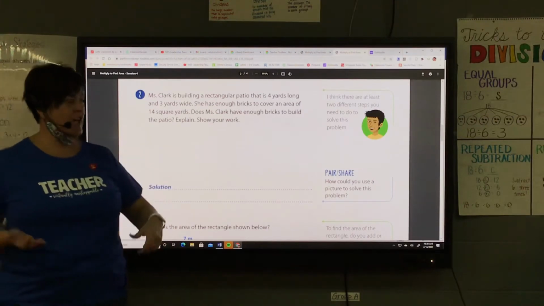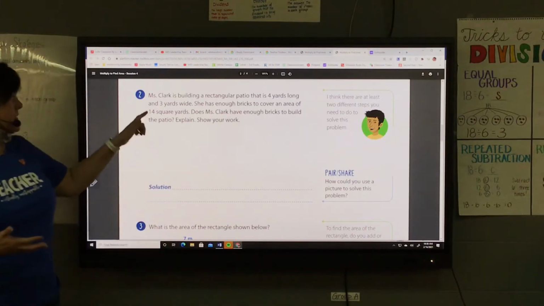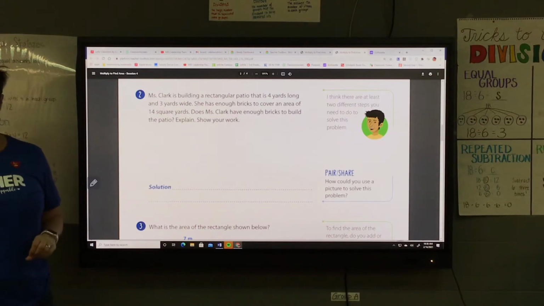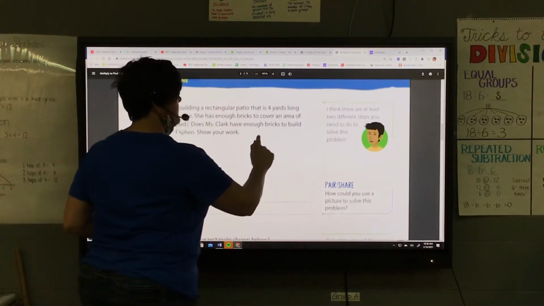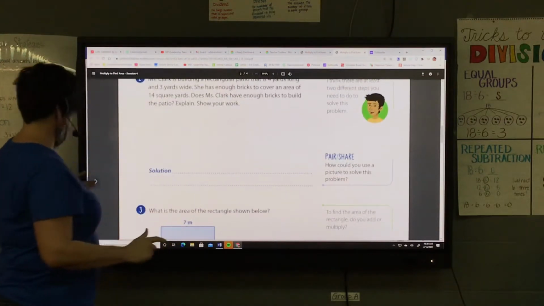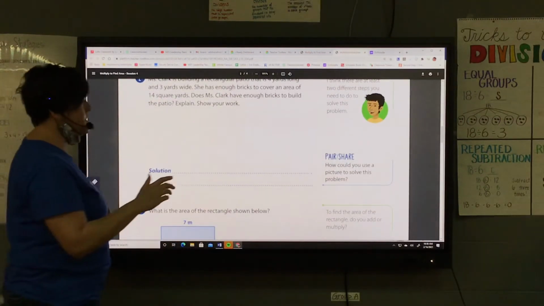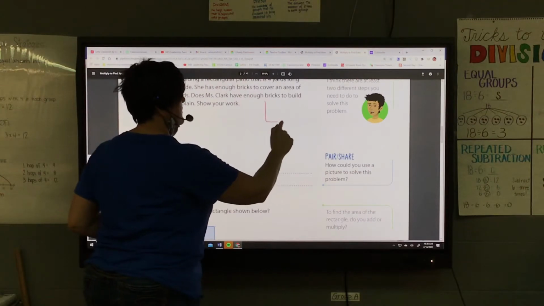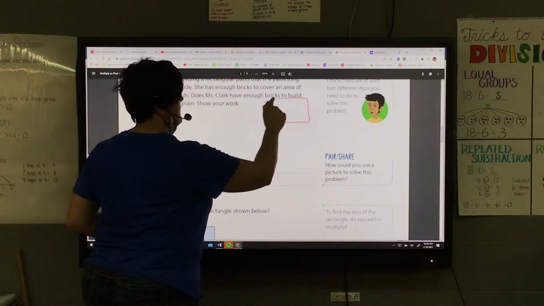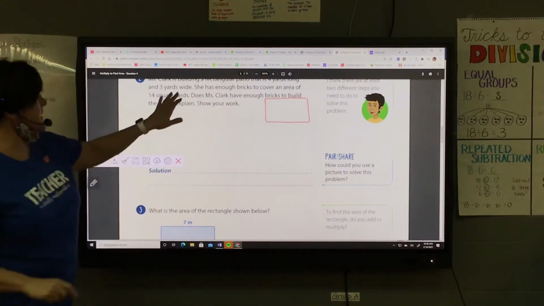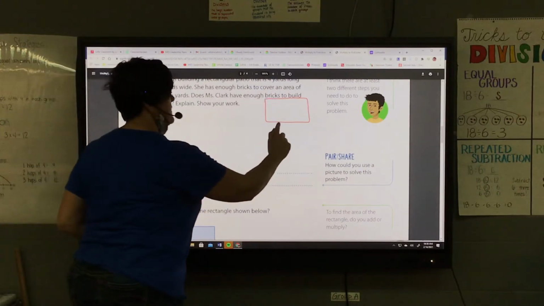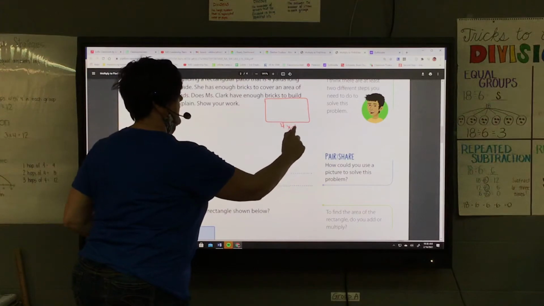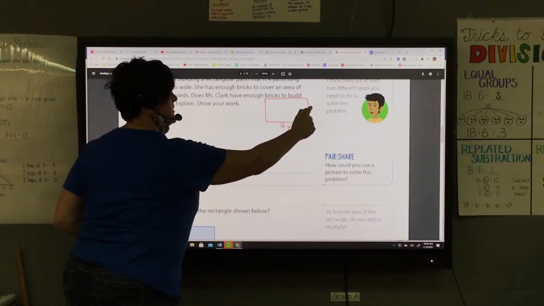Does Miss Clark have enough bricks to build the patio? So what she's saying is she wants to build a patio. And it is how many yards long? It's hard to see it up there. 4 yards long. And how many yards wide is she wanting to build hers?